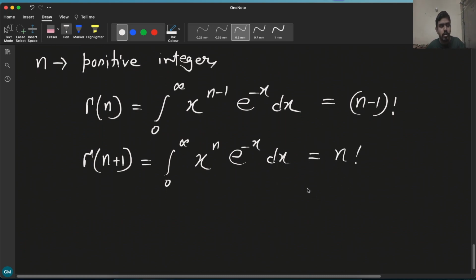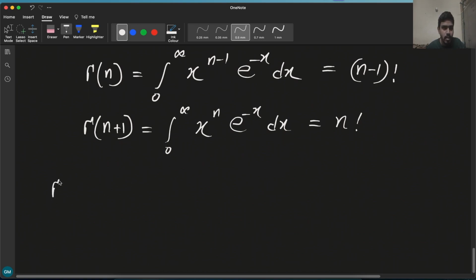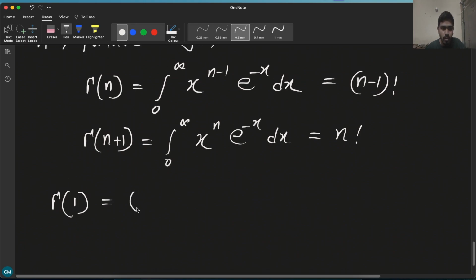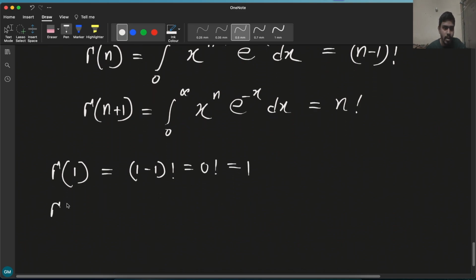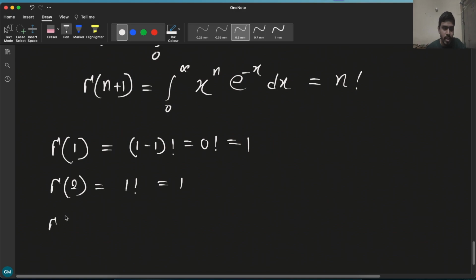So for example, gamma 1 will be 1 minus 1 factorial, which is nothing but 0 factorial, which equals 1. Gamma 2, which is 1 factorial, equals 1. Gamma 3 equals 2 factorial, equals 2.